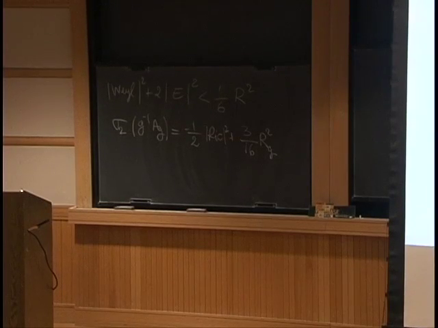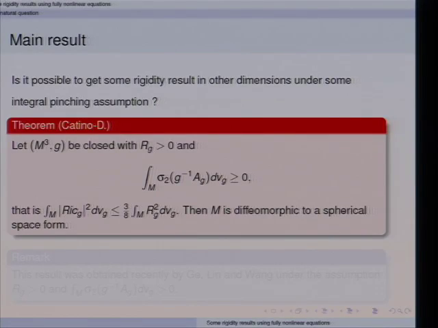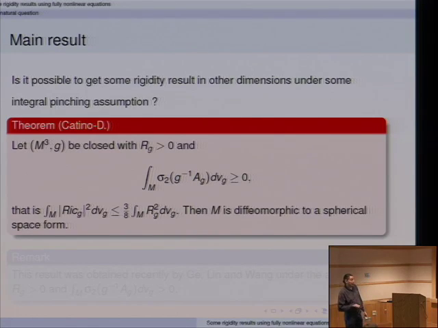If you replace it by this, you get this condition. The condition is exactly that the integral of Ricci square is less than 3/8 times the integral of the square of the scalar curvature. Then what you can prove is that your manifold is diffeomorphic to a spherical space form, or if you prefer, the universal cover of your manifold is S3.